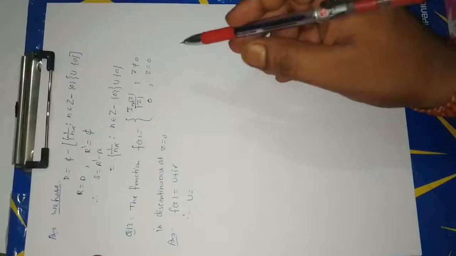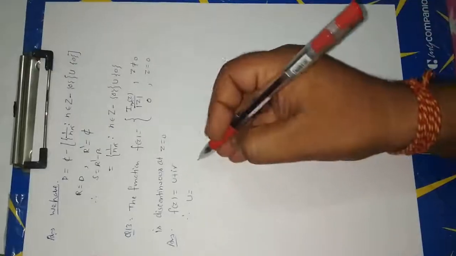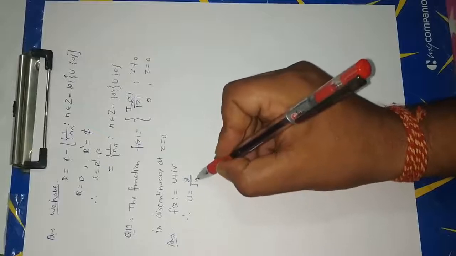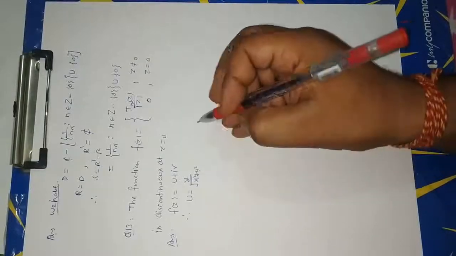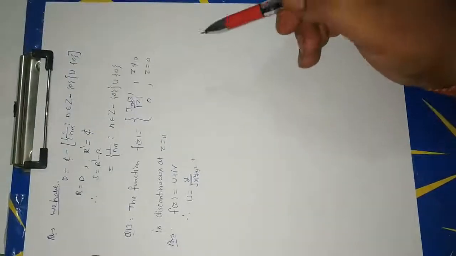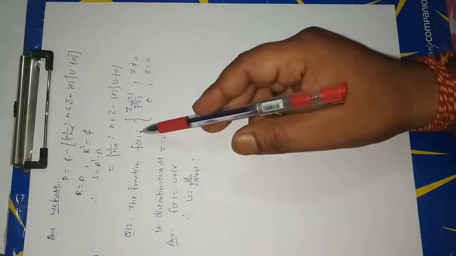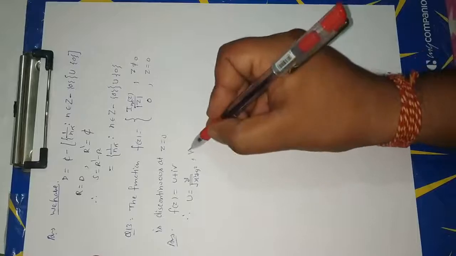The modulus z is equal to under root x square plus y square. So u is equal to y upon under root x square plus y square, and v is equal to 0 in this case.